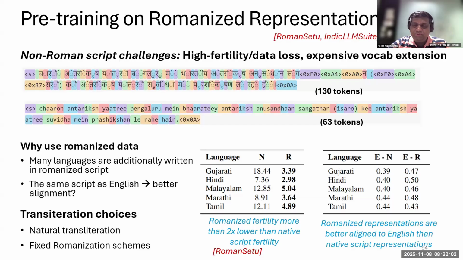Also, the similarity of the Romanized representation to the English representation is higher than the similarity of the same data represented in native script to the corresponding English data. This shows that they are better aligned to English and maybe can serve as either one way of representing the language in English heavy LLMs, or as a bridge to align the English data and the language data in the native script.